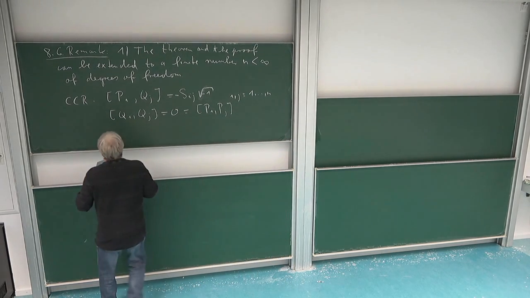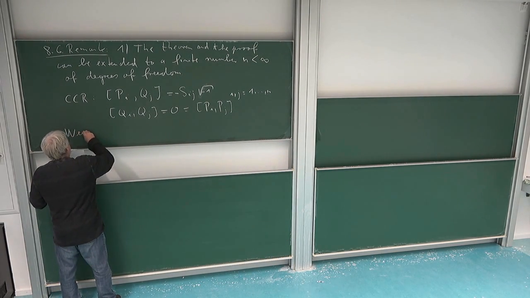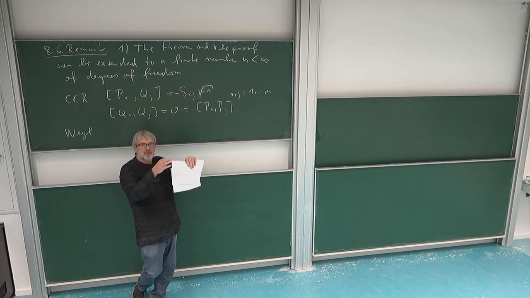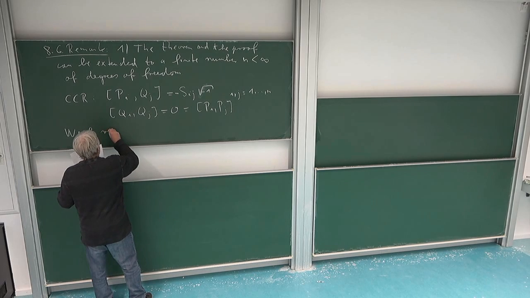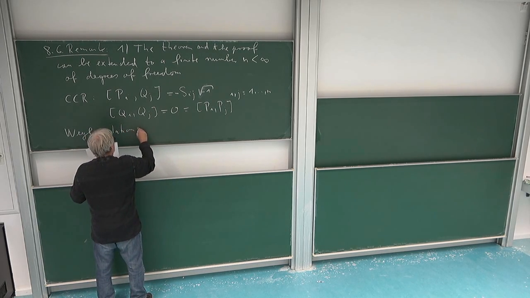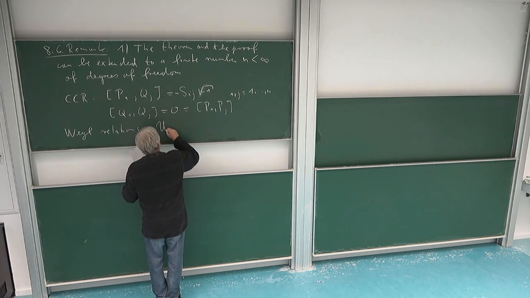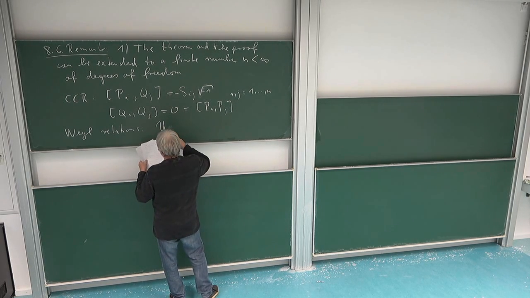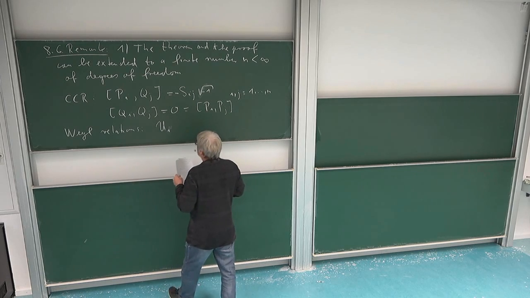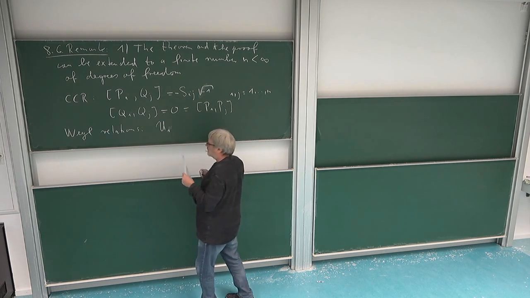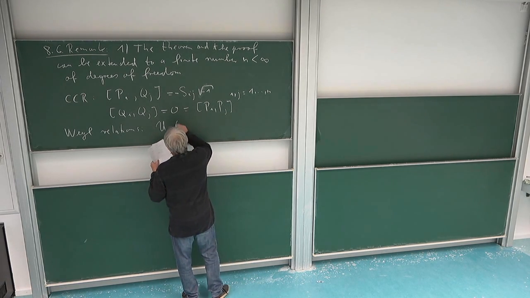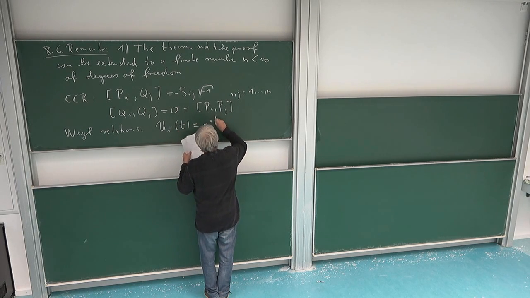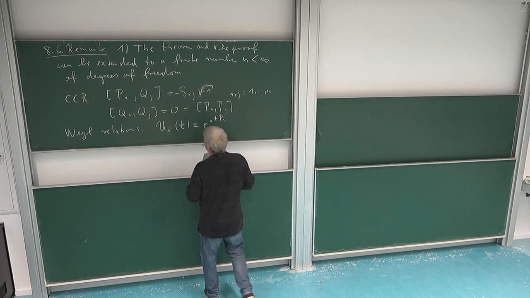So the Weyl relations now must also specify the commutation relations between all the V's and the U's. So what are the Weyl relations in this context? Okay, first the U. So for the p_i, I'm taking the unitary group. So the u_i of t is now e to the i t p_i.